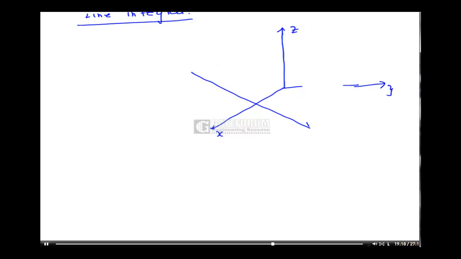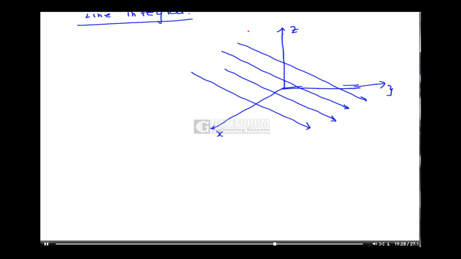Then the line integral of the vector field A is given by the integral, as I am moving from point P1 to point P2, of A bar dot dl. So this is the line integral.